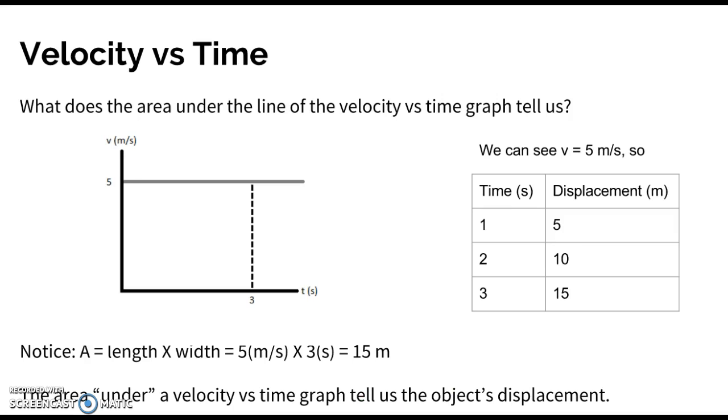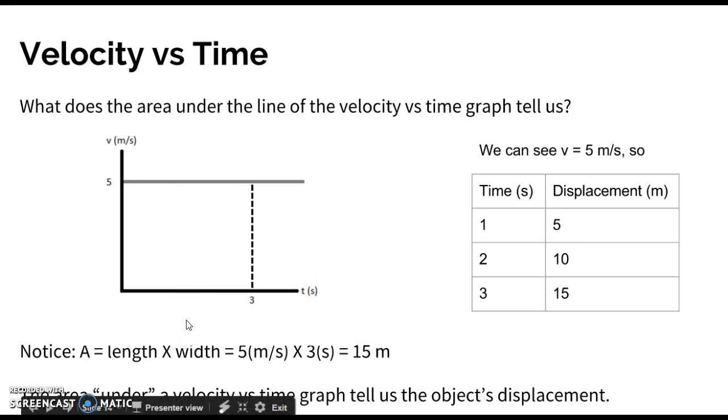Now, why do I put under in quotation marks? Here, what I mean by under is the region between the line and our x-axis, in this case our time axis. That's going to be the area under the curve. I say curve, but it can be a line or a curve.